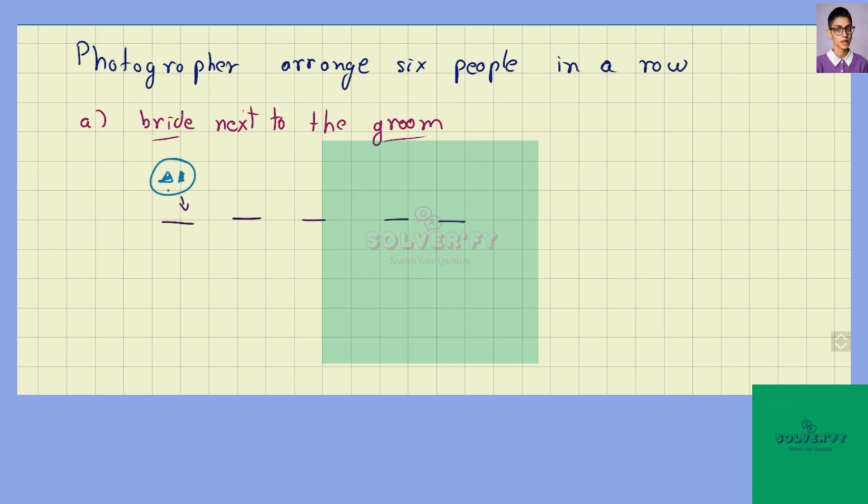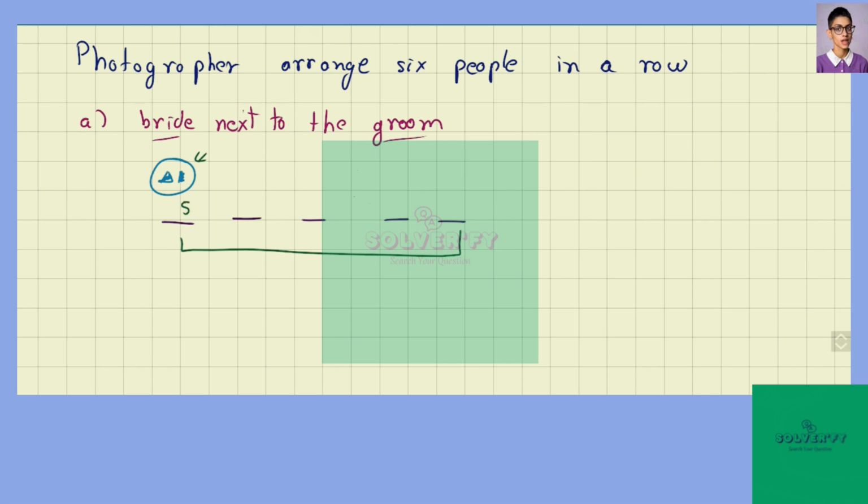They're going to be together. So we have 5 elements to arrange in 5 places, right? And one of those elements is the groom and the bride.